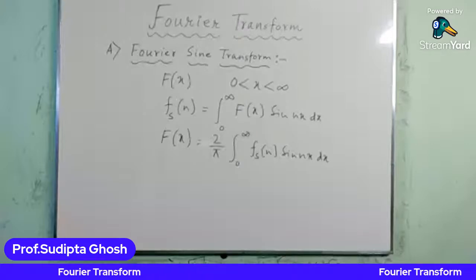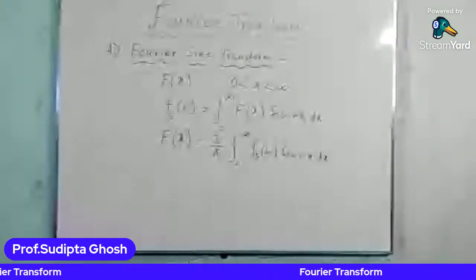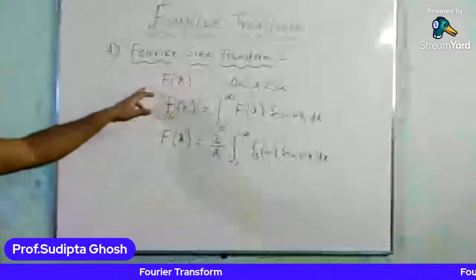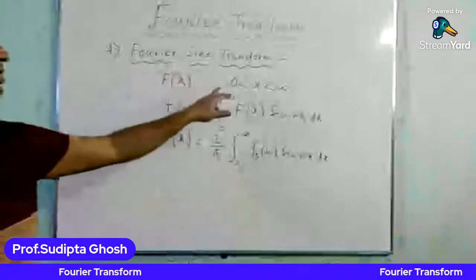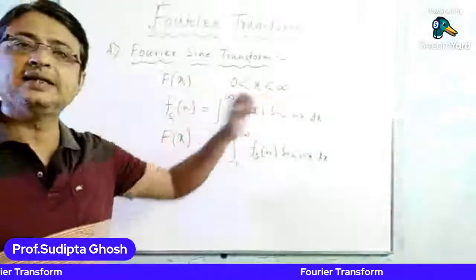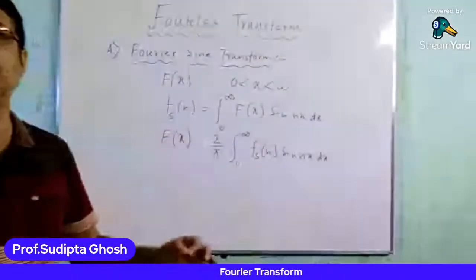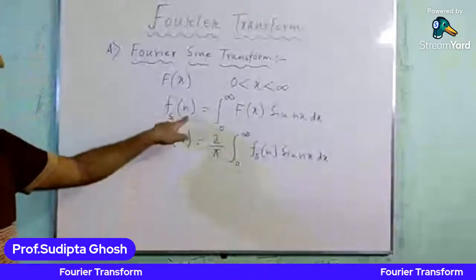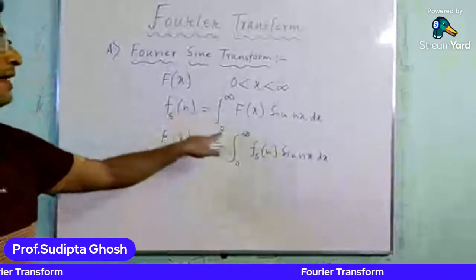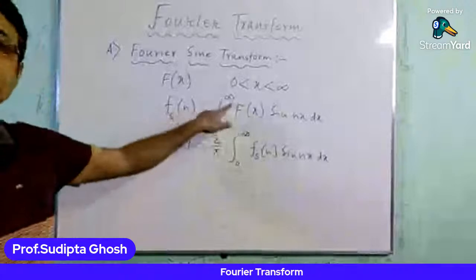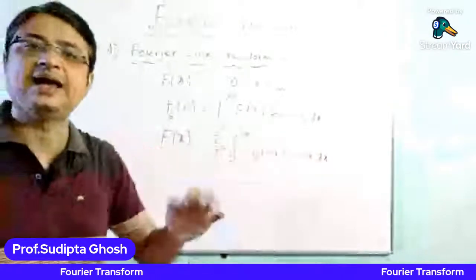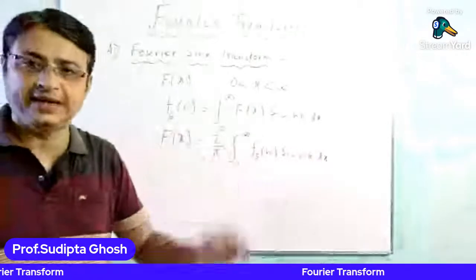So here we have defined the function f of x, where x lies between 0 to infinity. Then the infinite Fourier sine transformation, that is Fs(n), will be given by integral 0 to infinity capital F of x sine nx dx, where n is a positive integer.